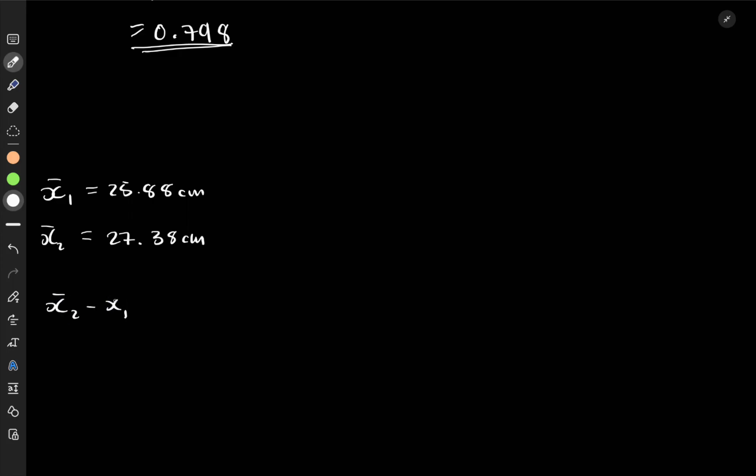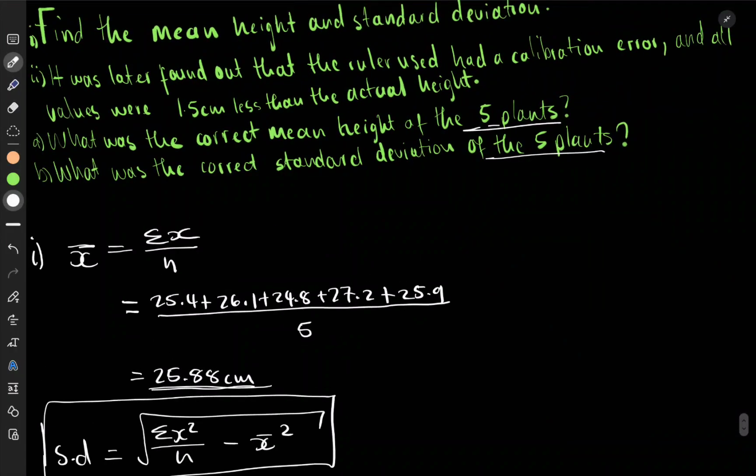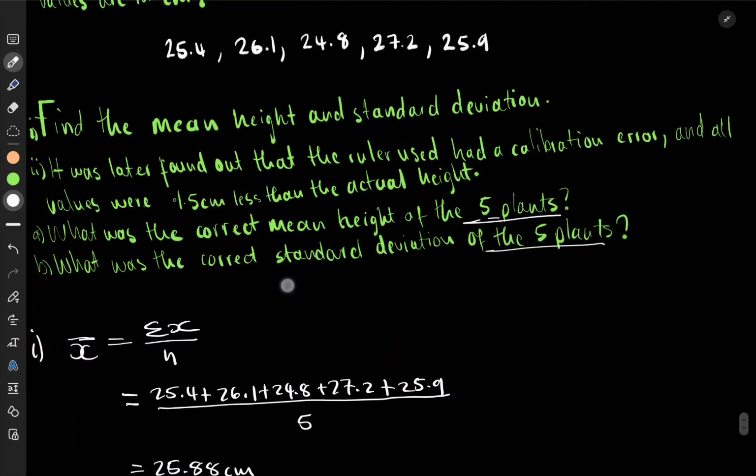Mean 2 minus mean 1: 27.38 minus 25.88 centimeters. I get 1.5 centimeters. And 1.5 centimeters is the correction we made, because we found out that the values were 1.5 centimeters less.